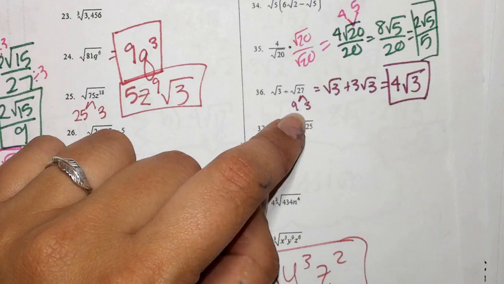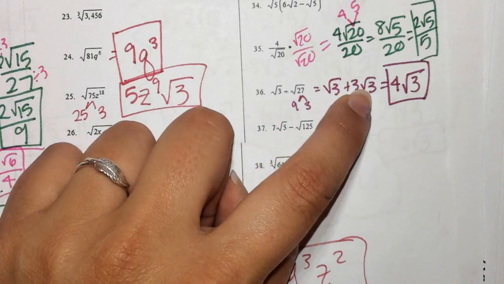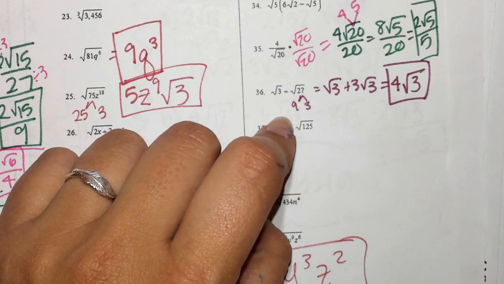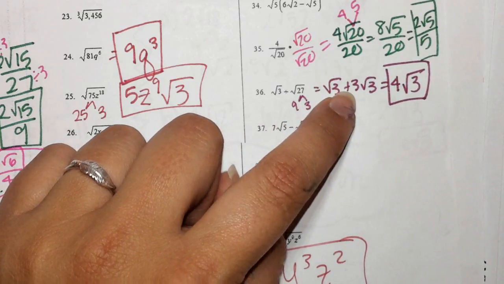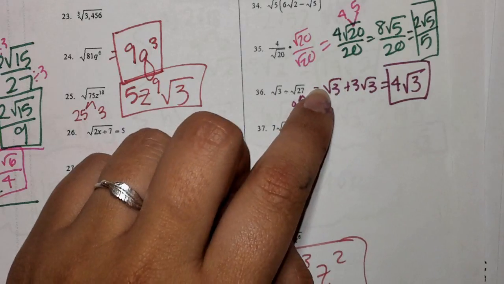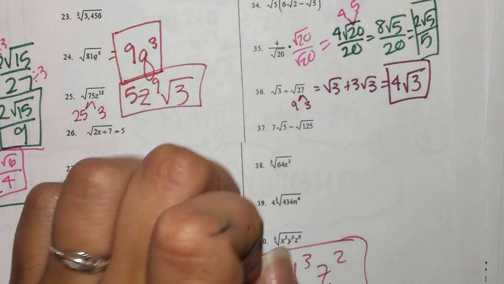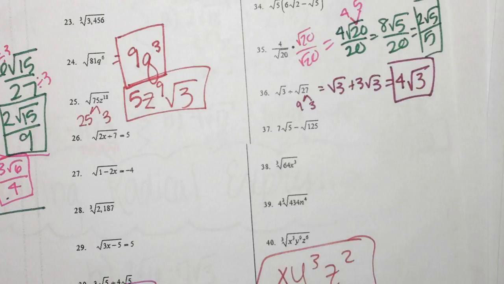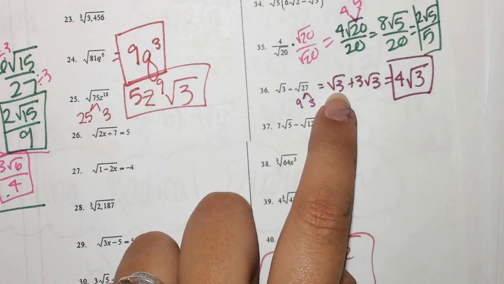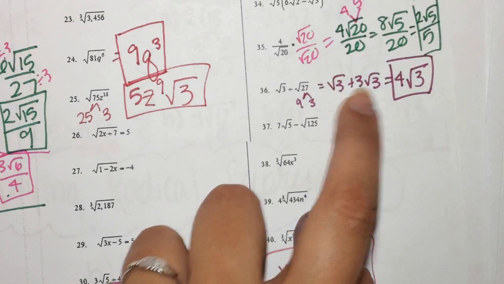And then I took the square root of 9, and I got 3 root 3. And then I did 1 plus 3 and I got 4. This root 3 has a 1 in front of it, an invisible 1. So 1 plus 3 gave me 4.